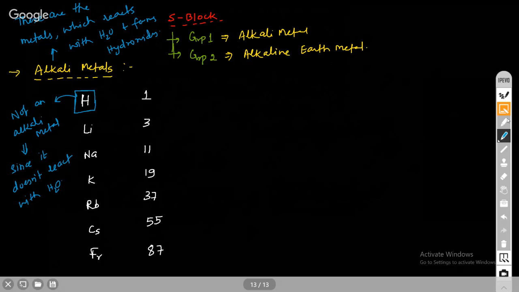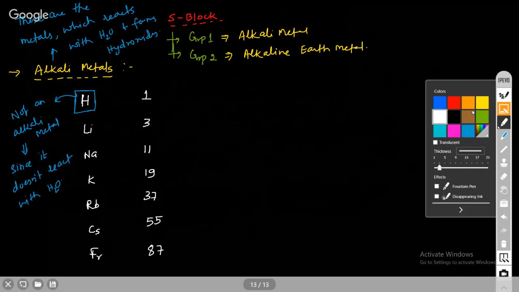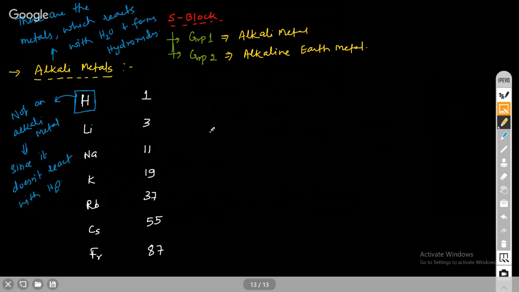Now here you see the difference in atomic number. From here to here it is 2. Then it is 8.